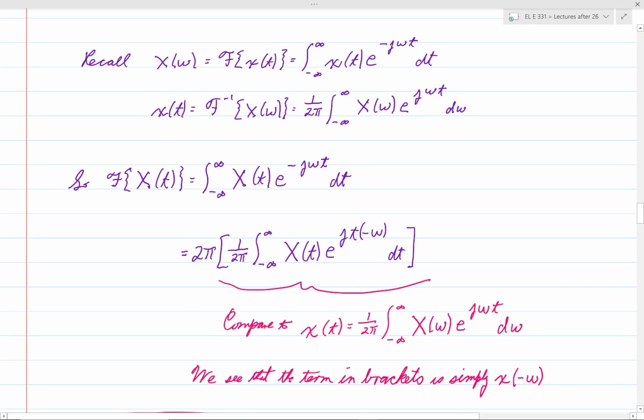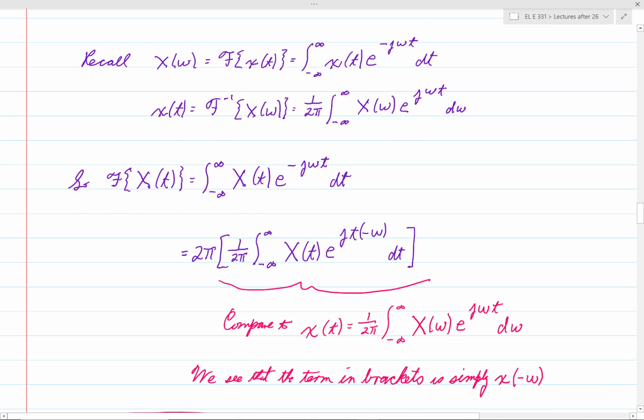So now what we're going to think about is taking the Fourier transform of that capital X. But capital X is now being regarded as a function in the time domain, not in the frequency domain.